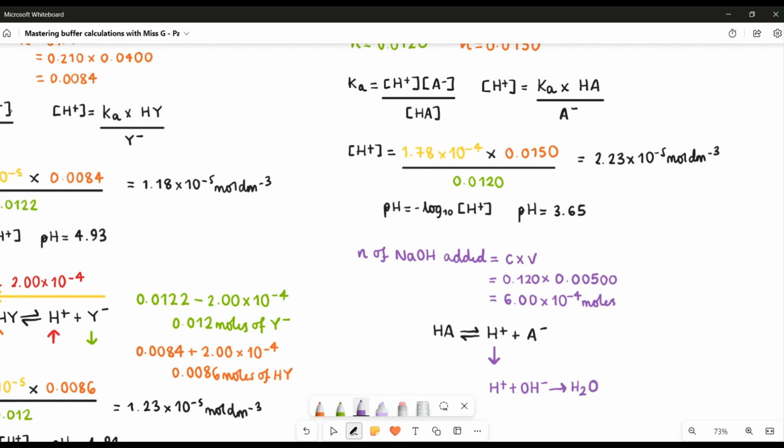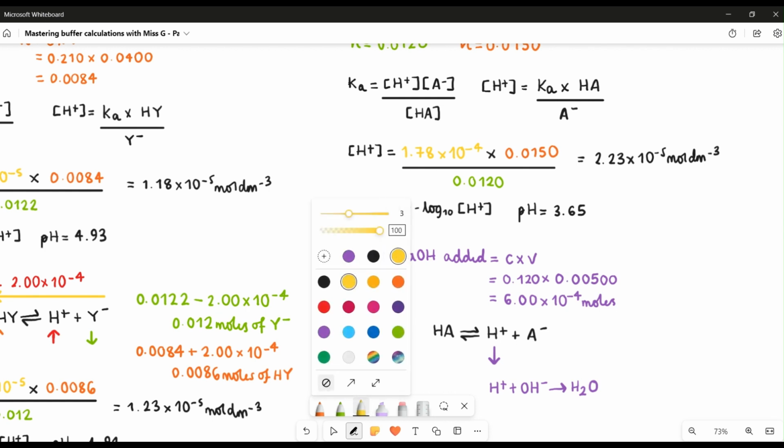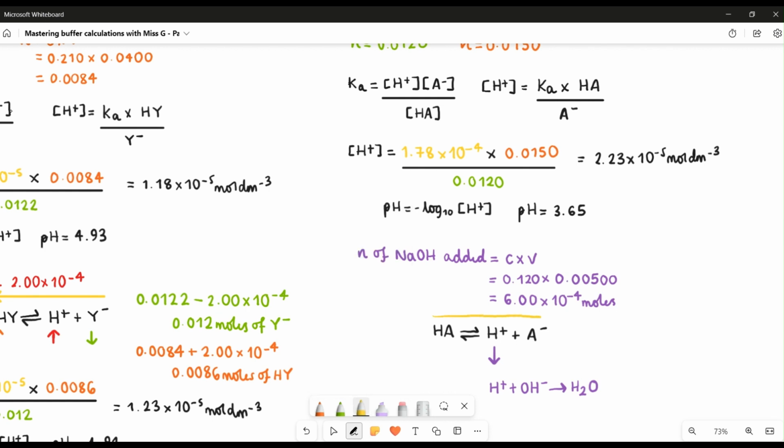And that is therefore going to reduce the concentration of the H plus ions. And subsequently, the position of equilibrium is going to shift to the right to replace the H plus ions that are taken out of the equilibrium in the reaction with the OH minus to make water.